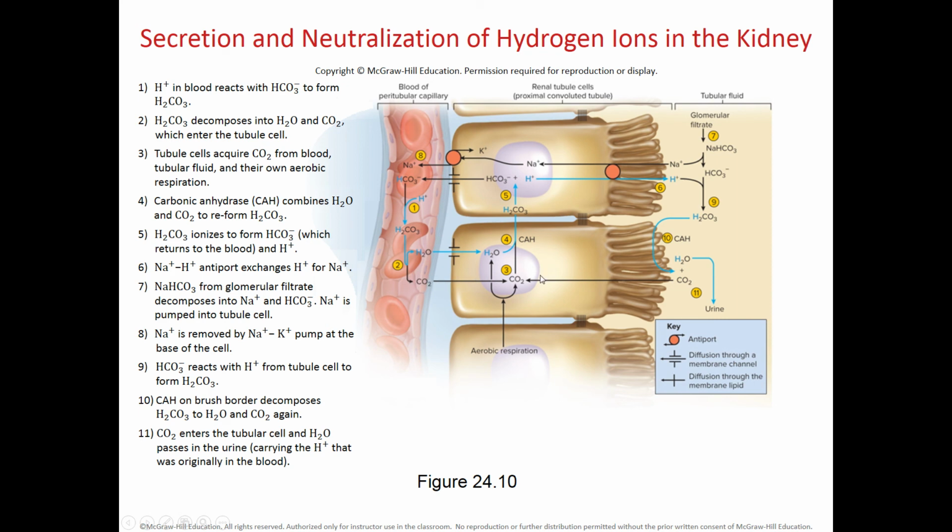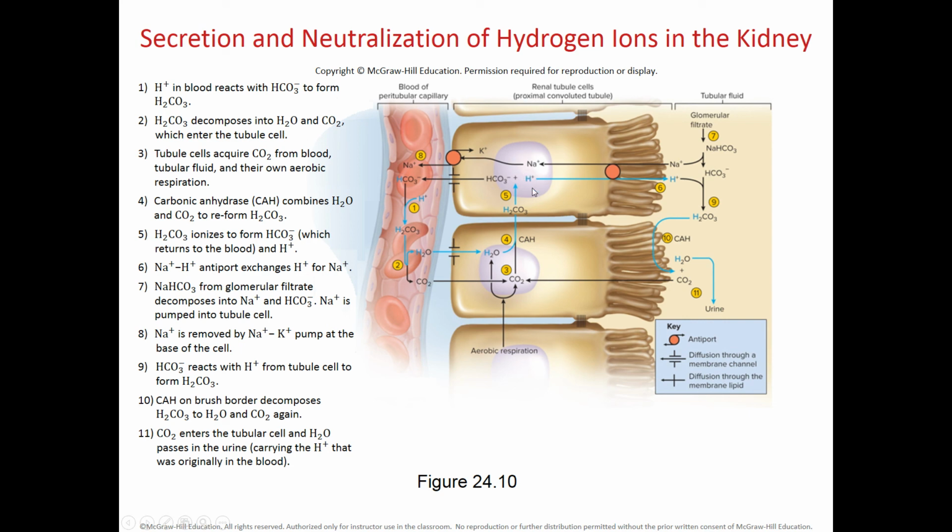CO2 is going to diffuse into these cells of the proximal convoluted tubule, and then these are going to be combined with water to form this carbonic acid again, and then in these cells in here you will absorb hydrogen ions.